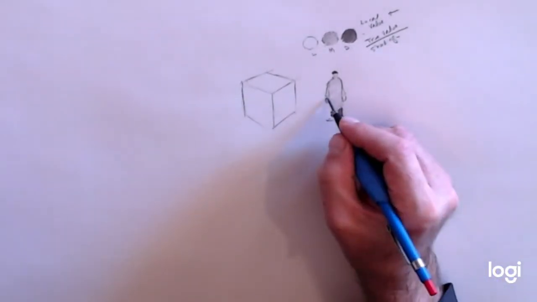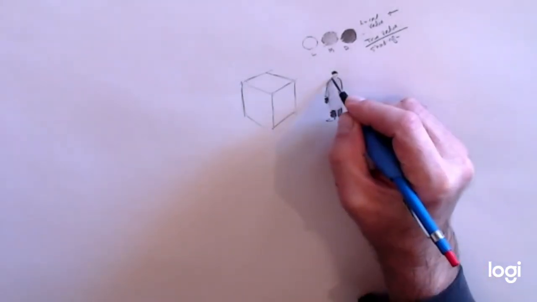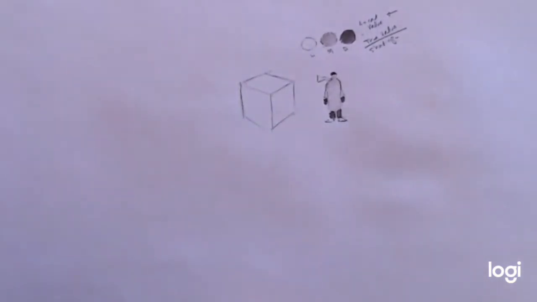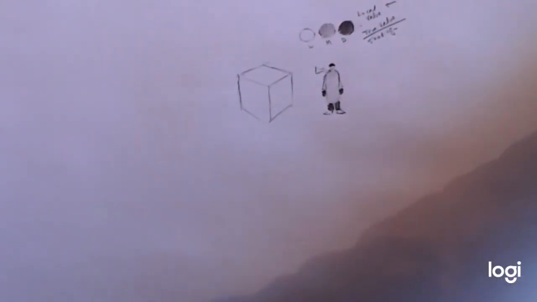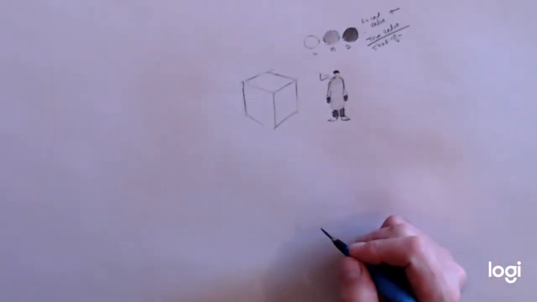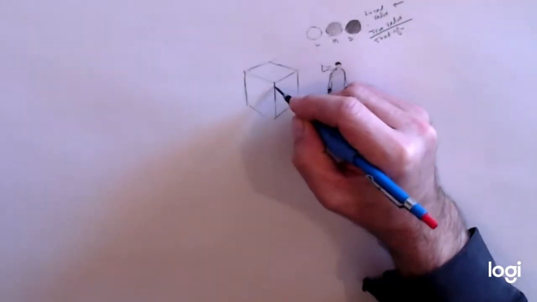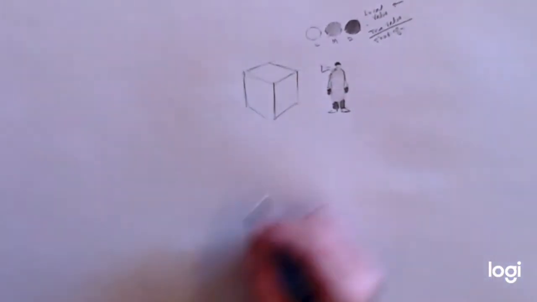Maybe their shoes are light and they're wearing a pair of dark colored gloves. Here, let's put them in a scarf for fun. Okay. So this is based on local values.